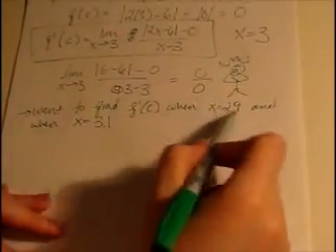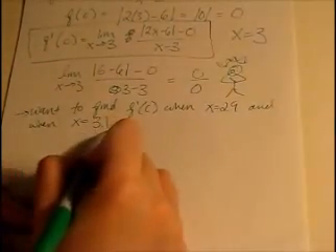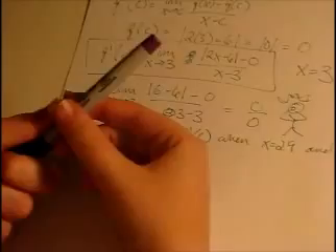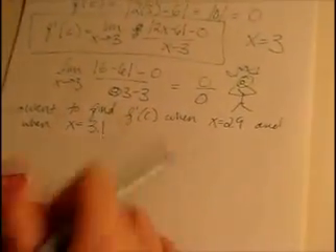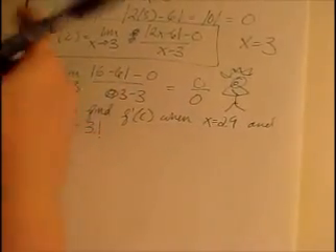These are just numbers close to 3, and they're going to be easy for us to figure out, which is why I chose them. They're kind of arbitrary, but not really. So we're going to plug these back into this equation.